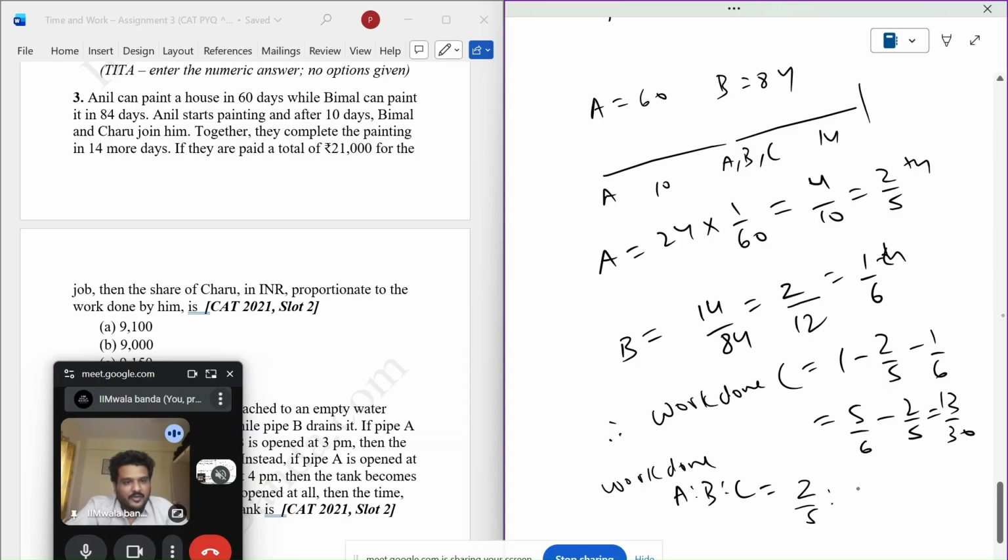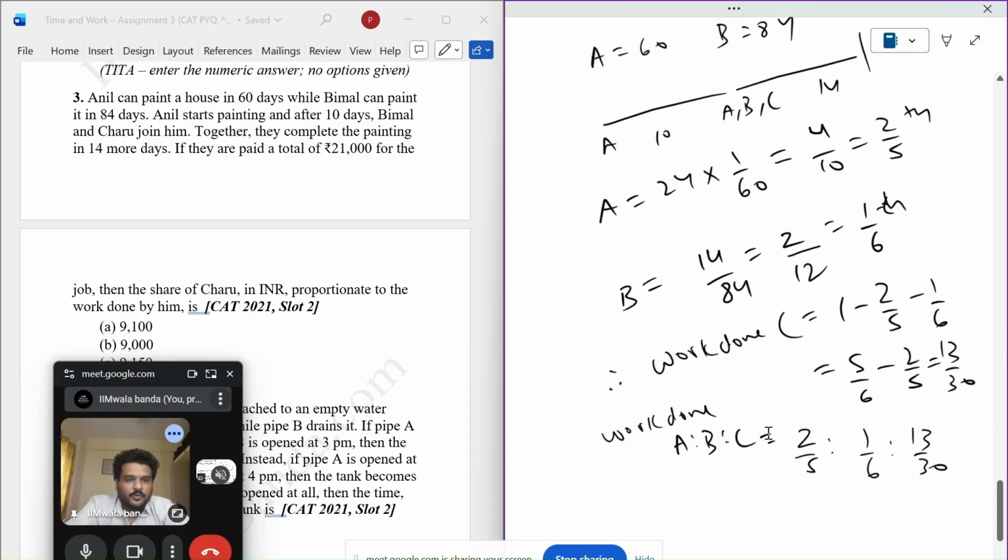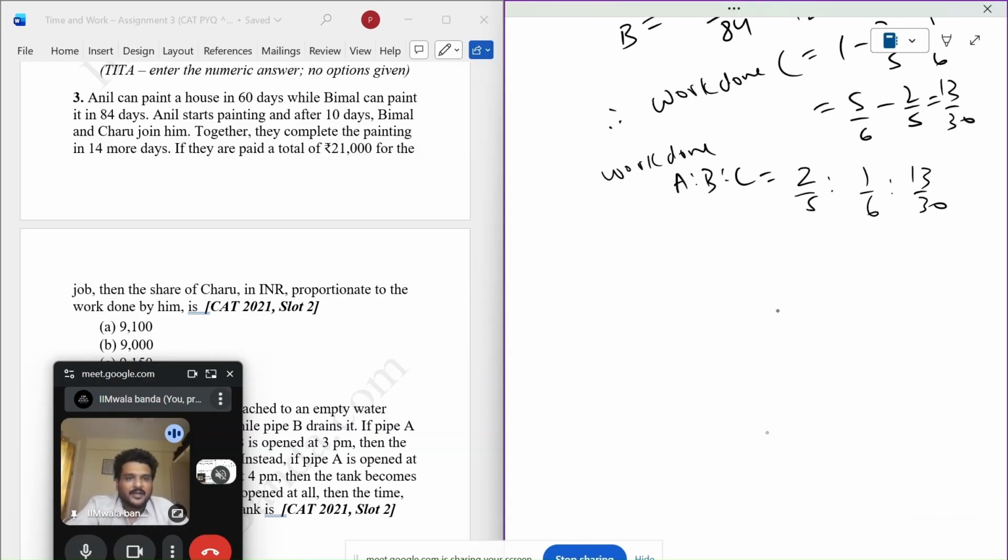A is 2 by 5, B is 1 by 6, C is 13 by 30. If you multiply the ratios by 30, this becomes 12, 5, and 13. This is the ratio, and we need C, so 13 upon 13 plus 12 plus 5, into 21,000 is the answer.